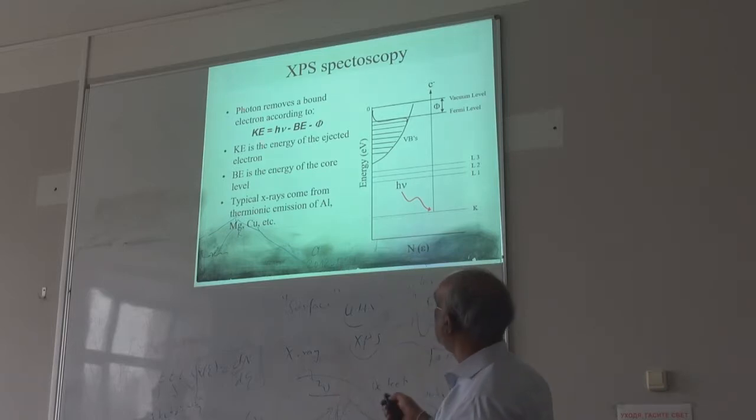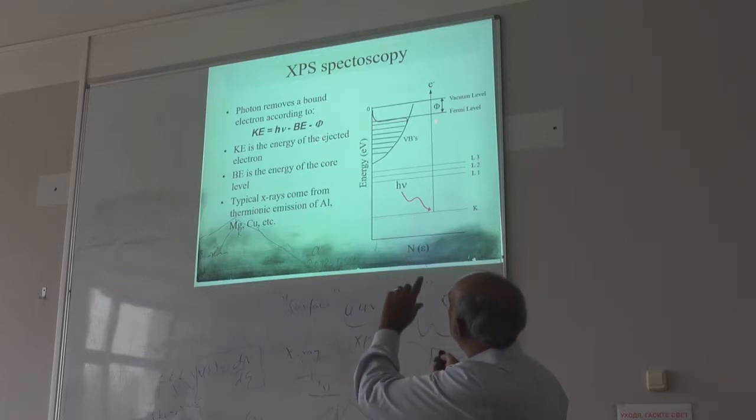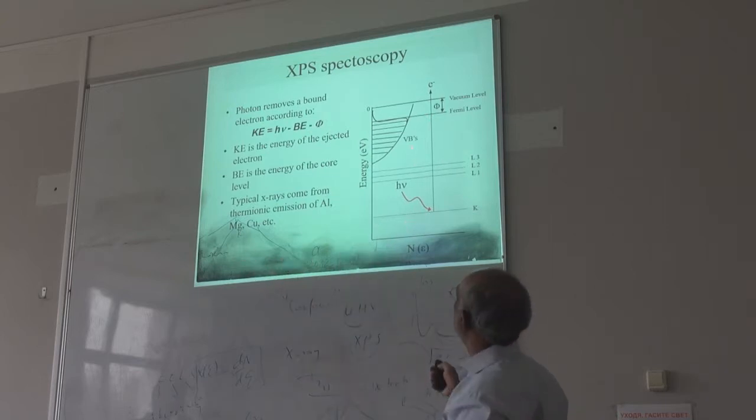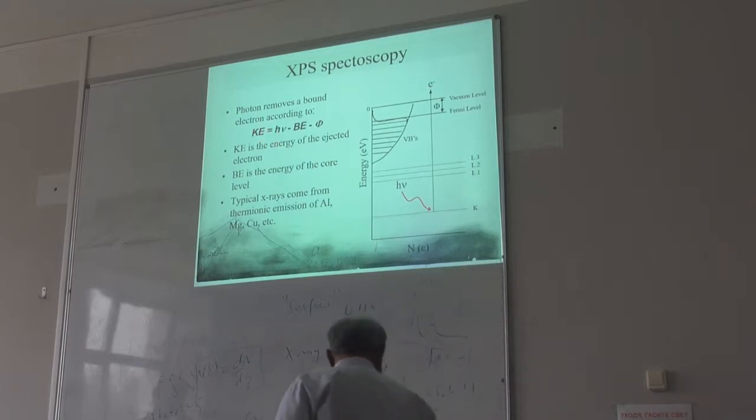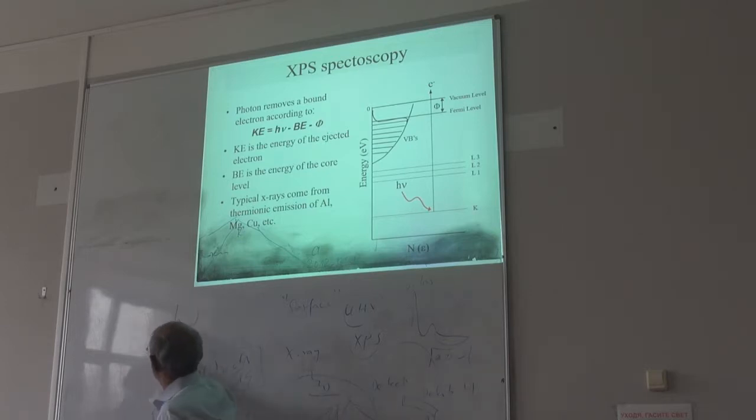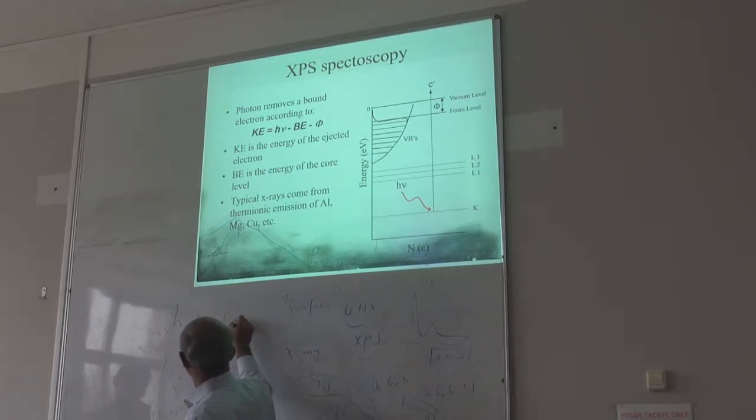You can write your kinetic energy as this one minus your binding energy, and also if it is coming out, you have to overcome the work function. You can easily say your h nu, that is the incoming X-ray, should be equal to, first, you need to overcome the binding energy, right?